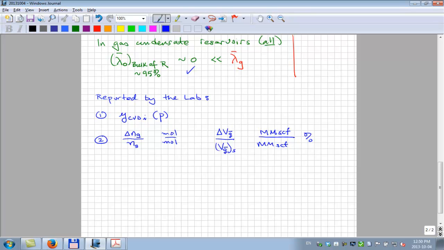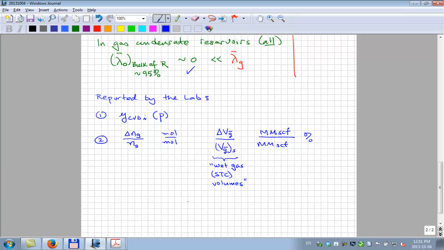Because these gas volumes that are being talked about here are so-called wet gas volumes. They're surface standard condition volumes, ignoring the fact that that gas will actually produce condensate.